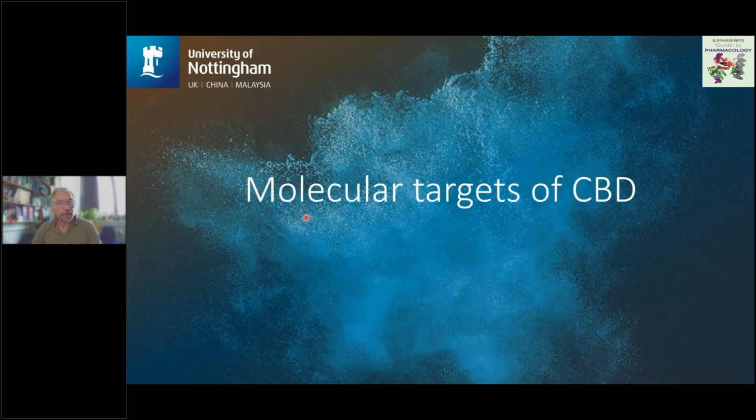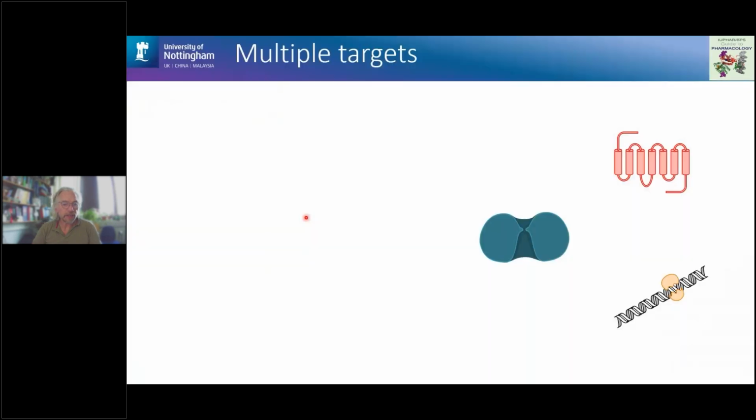Now, one of the things that comes around with natural products in general is that they are sometimes quite difficult to pin down individual targets. So whereas THC is pretty good at activating a CB1 receptor, and almost all of the psychotropic effects of THC are mediated through a single target, with cannabidiol we really struggled to find individual targets.